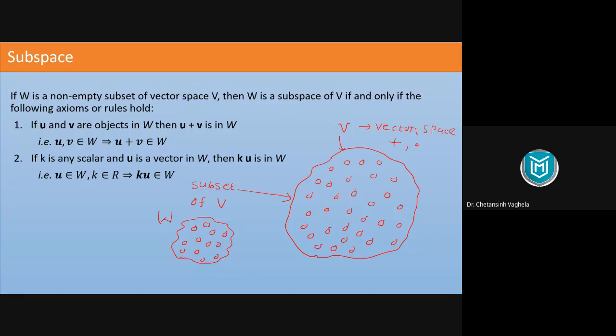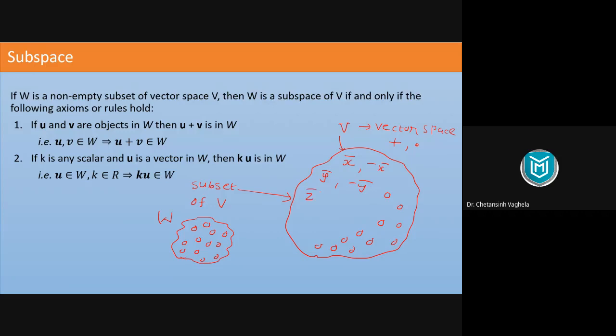मैं अपना एक set जो V है, जो हमने यहाँ पर ऑर्डर लिखा है, let me write some objects here. Now this set V is a vector space, so obviously it will satisfy all the 10 conditions. That means if I have x bar here, then minus x bar will be there because of condition 5. If I have y bar here, then minus y bar should be there, right?